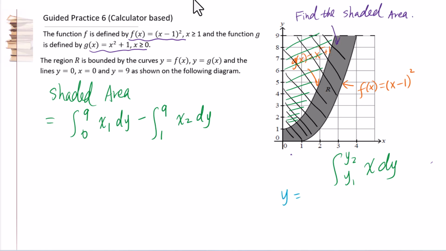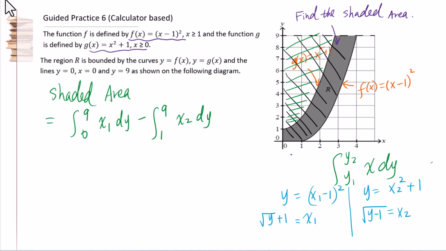Y equals (x1 minus 1) squared, so x1 equals square root of y plus 1. Y equals x2 squared plus 1, so x2 equals square root of y minus 1.